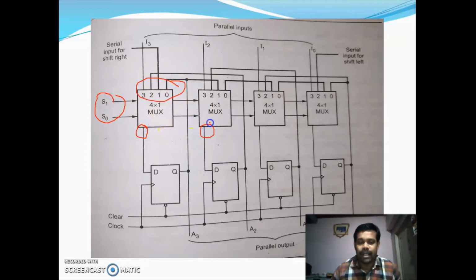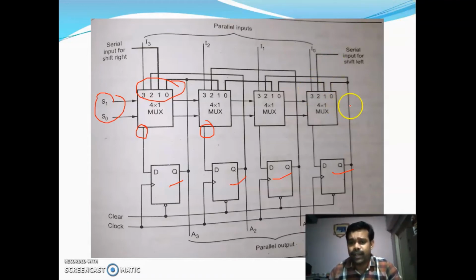Okay, and the circuit is also having 4 D flip flops. To input 3 of each 4:1 mux, we are providing the parallel inputs. So here you are having the 4:1 muxes, and to the fourth input of all the muxes, we are providing parallel inputs.